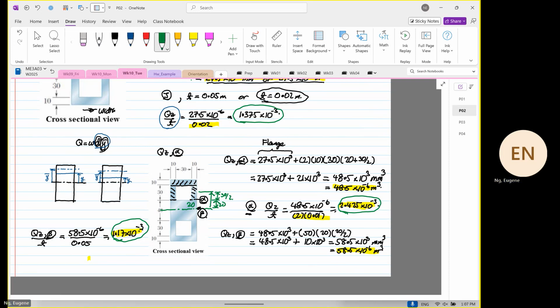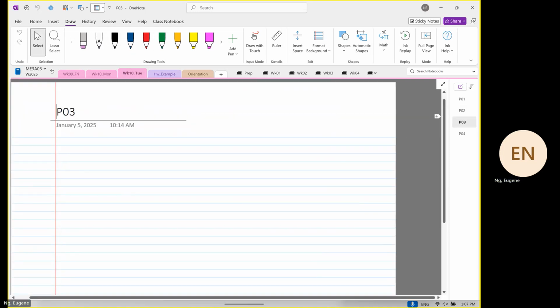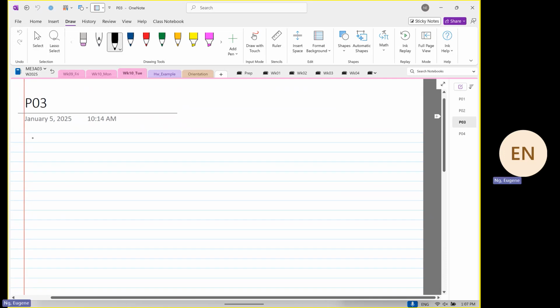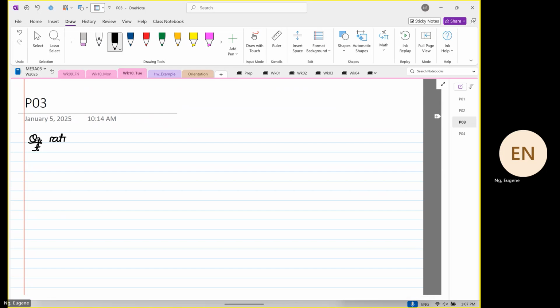Can you see that? The highest ratio is at alpha. So when that's the case, the QZ over T ratio is highest at point alpha. Therefore, tau max is equal to Vy over IZZ times QZ at point alpha over T.